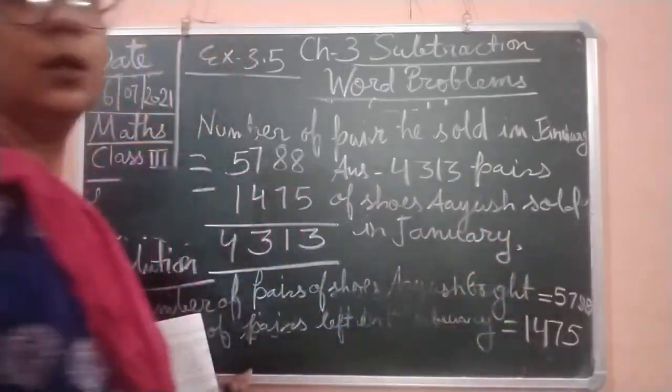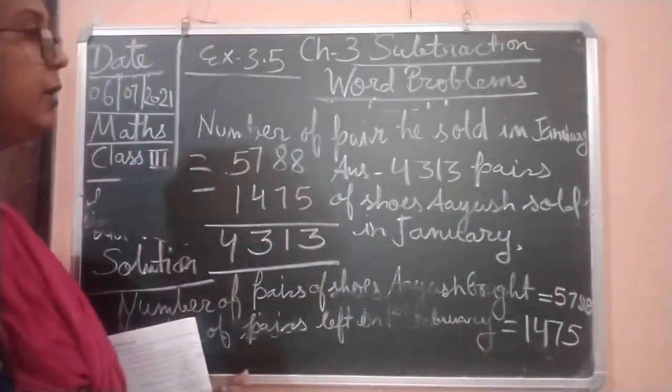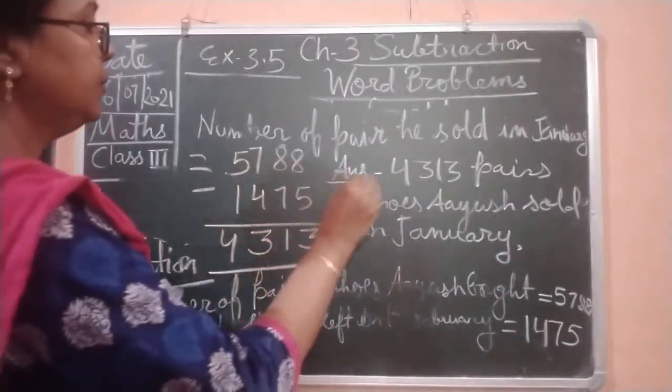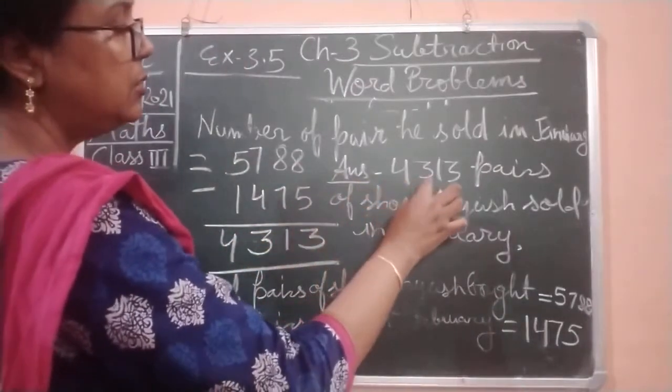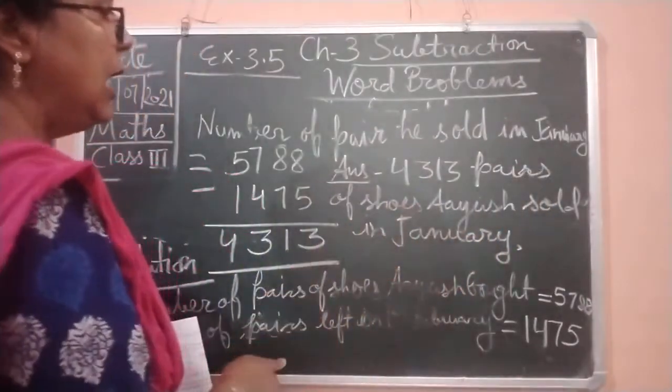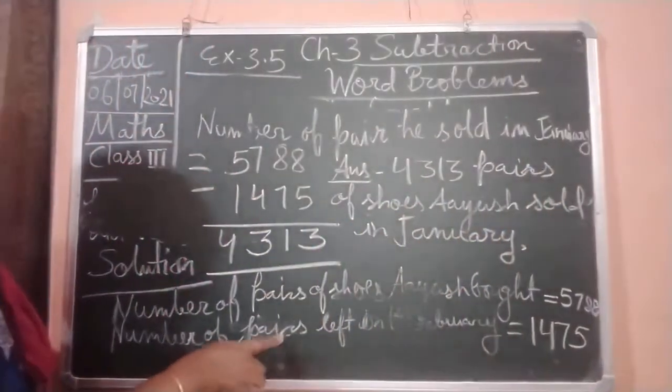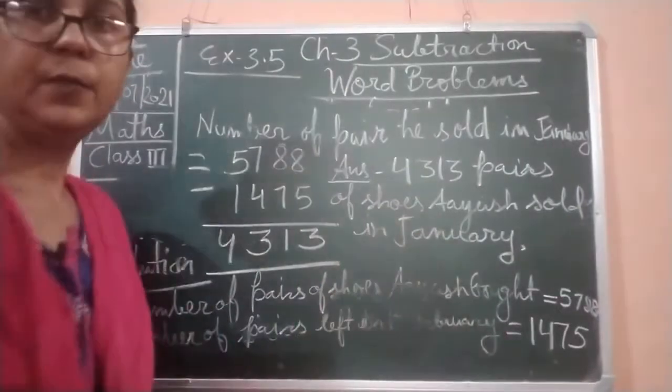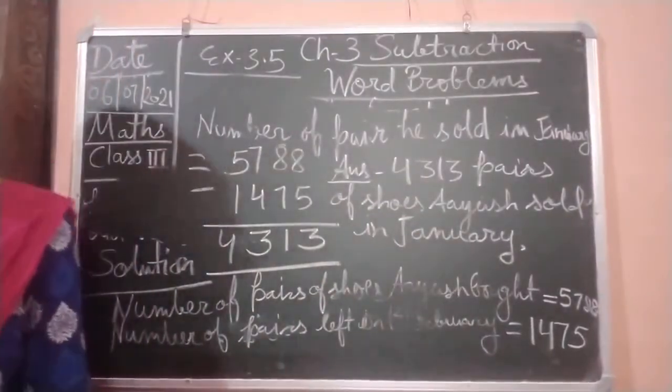Okay, so the answer is written over here. What is the answer? 4,313 pairs of shoes Ayush sold in January.